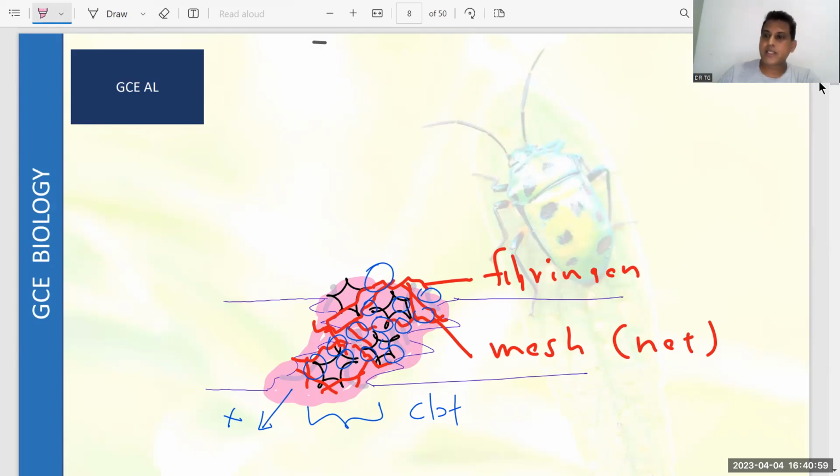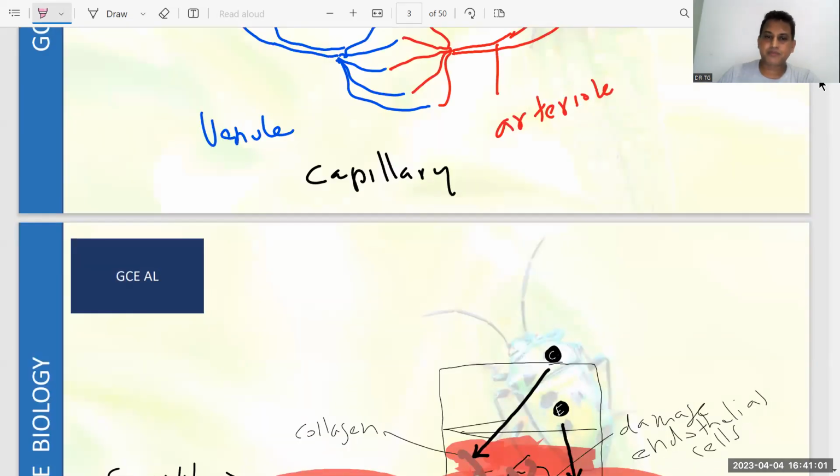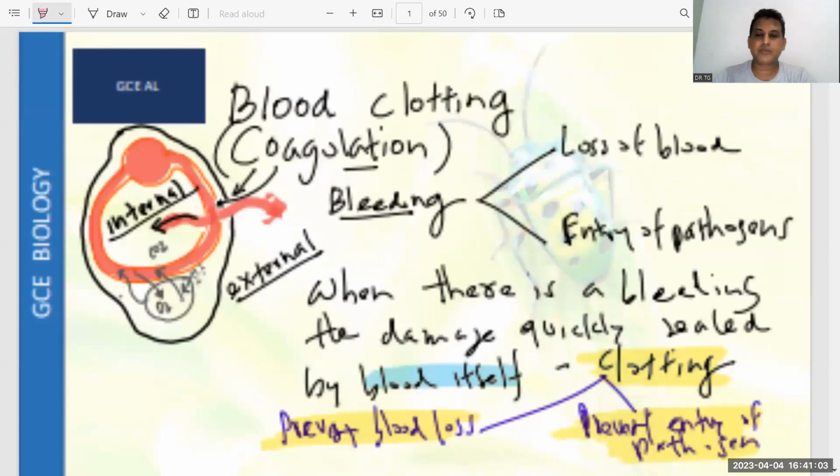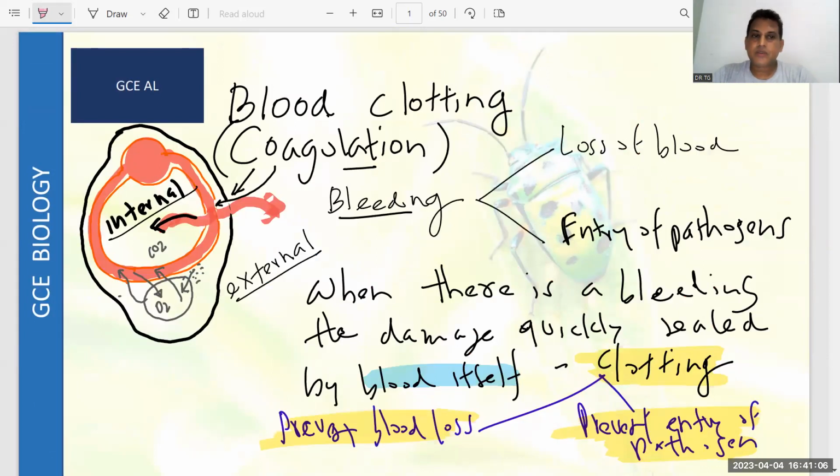Now, just to summarize the clotting process again, we have learned blood is in an enclosed system. If there's damage, blood can leave the system. This is called bleeding. Bleeding should be prevented. This is called clot formation.